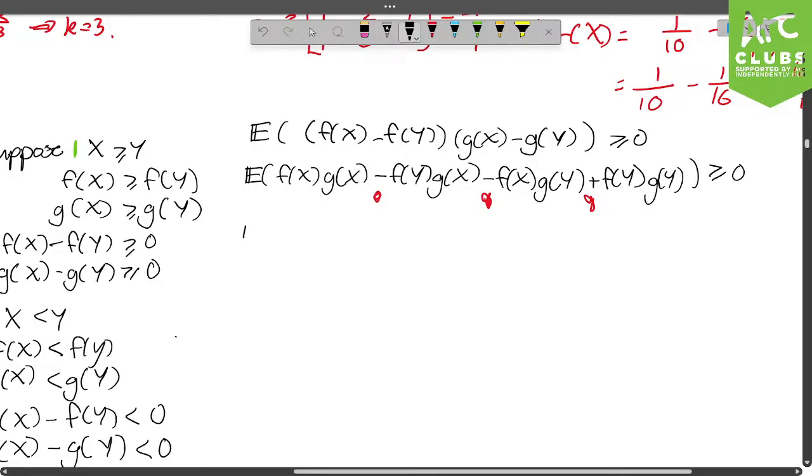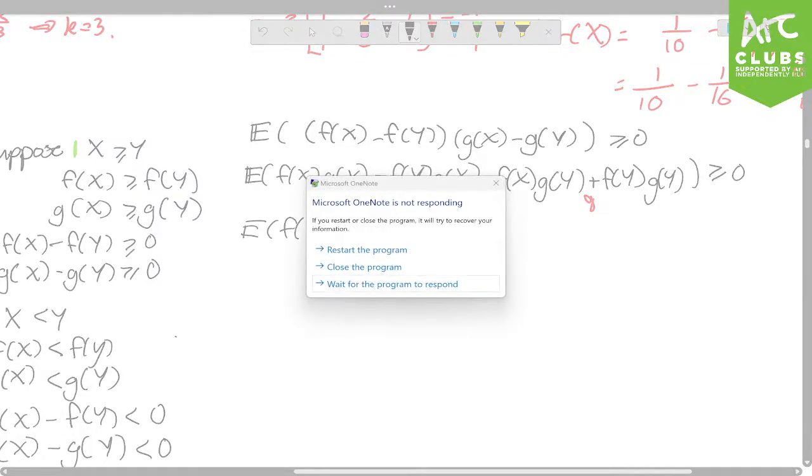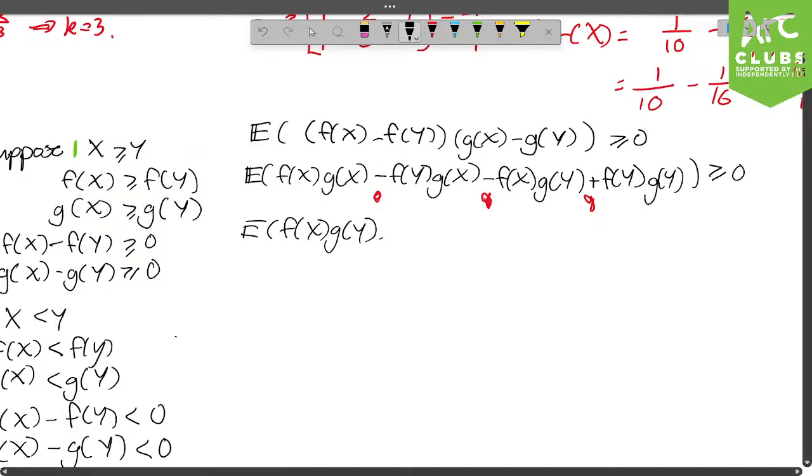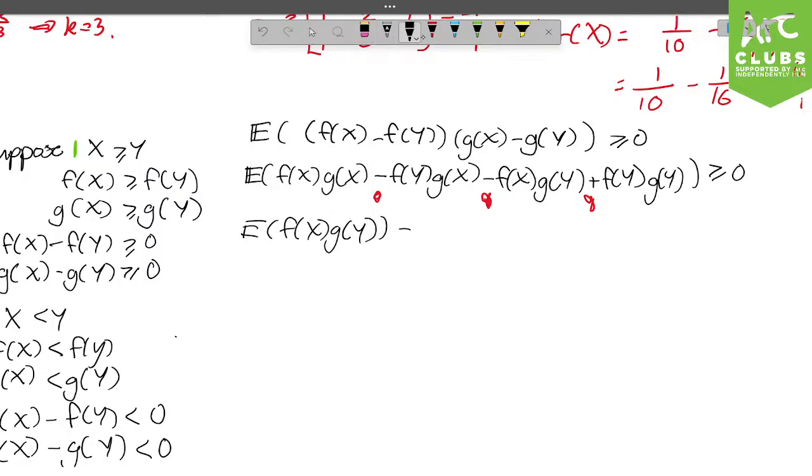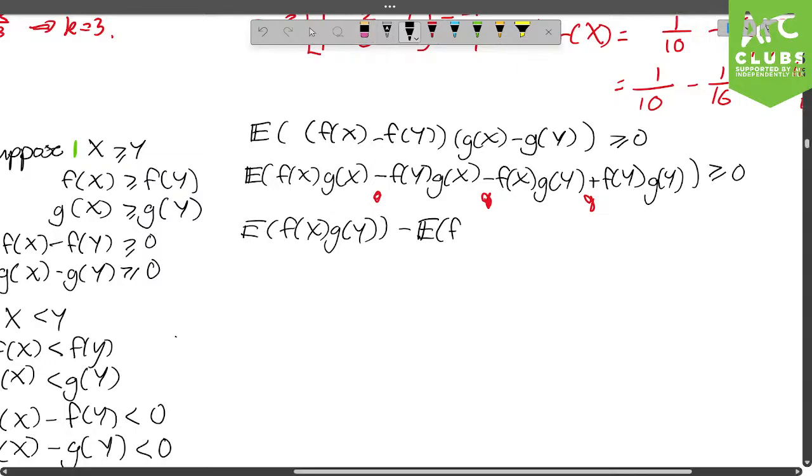So we have the expectation value of fx gx minus the expectation value of fy gx minus the expectation value of fx gy plus the expectation value of fy gy.